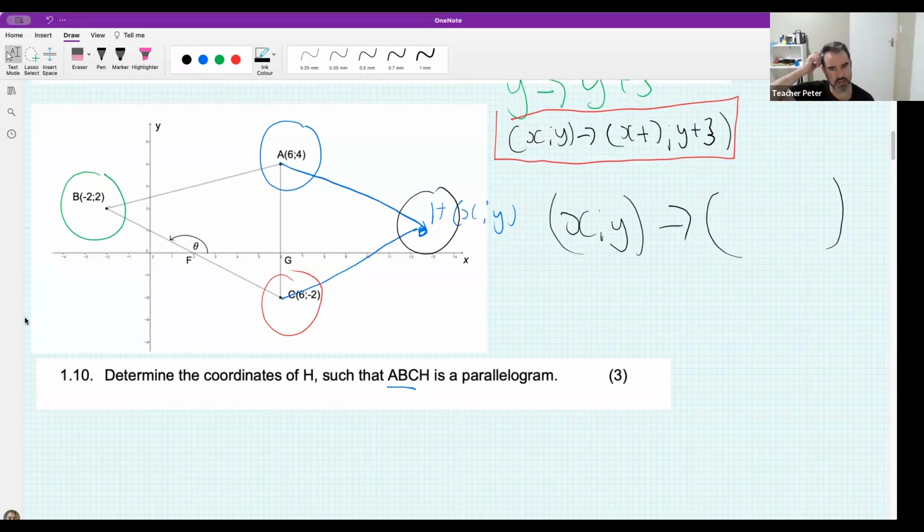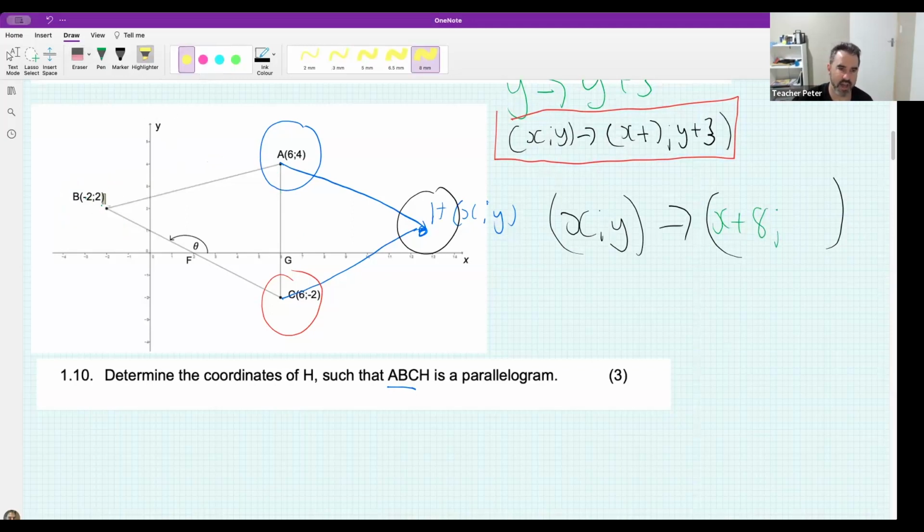What will get me from -2 to 6? So I need 2 to get back to 0, and then I need another 6 to get here. So I think it will be +8.